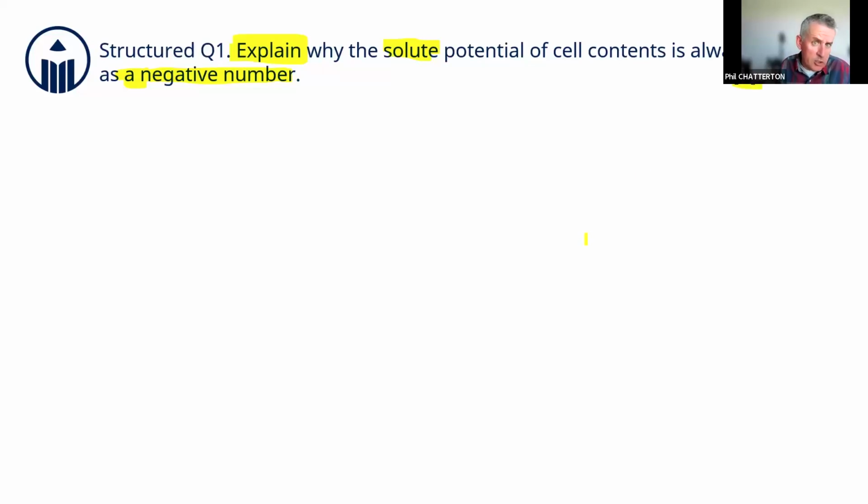You should do this for every question, because it's done deliberately by the examiners, because they effectively want you to make 3 separate points that are credit-worthy in their own right. So you'll have to try and structure your knowledge of water potential, or solute potential, into 3 separate points that lead to an explanation of the negative scale. Okay, just have a couple of moments on that.